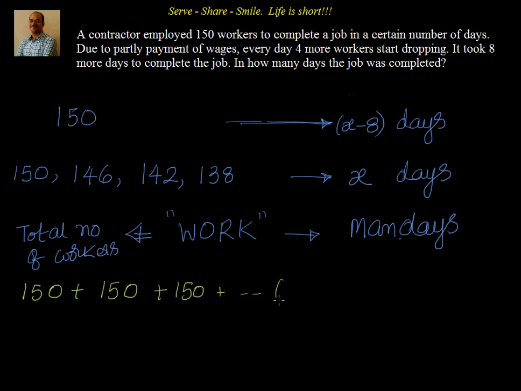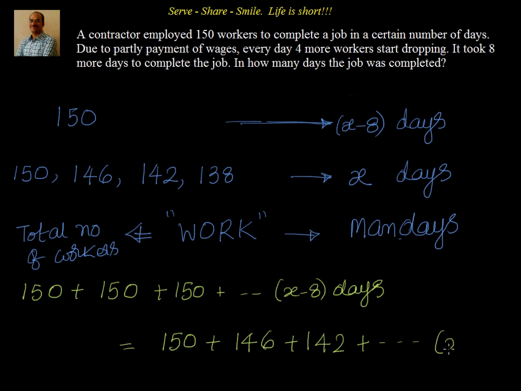This continued for x minus 8 days. So the work done by 150 people in x minus 8 days should be equal to the work done by 150 on the first day, second day 146, third day 142, like that, for how many days the work was completed, in x days. So the work done in both the scenarios should be equal.